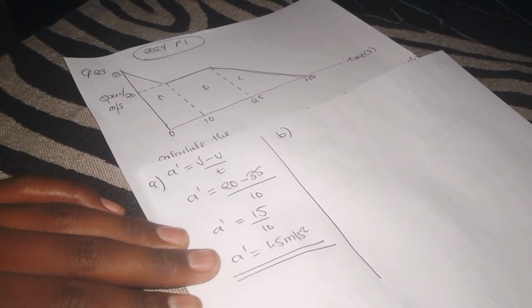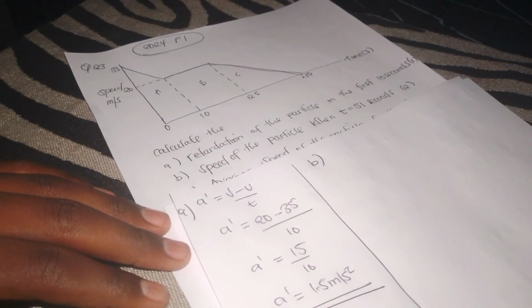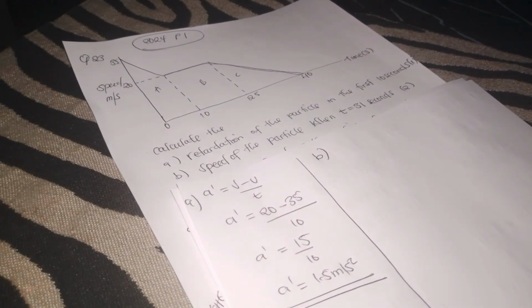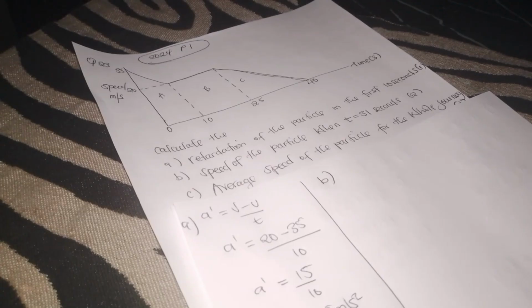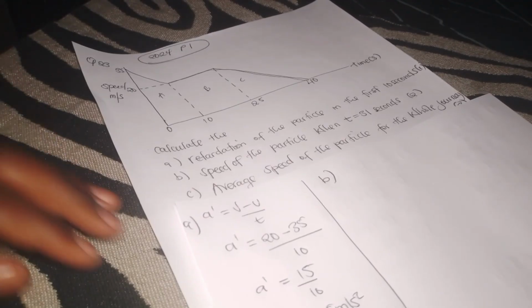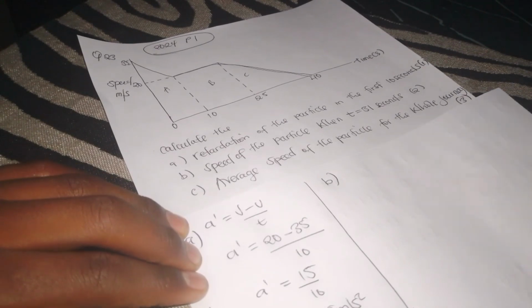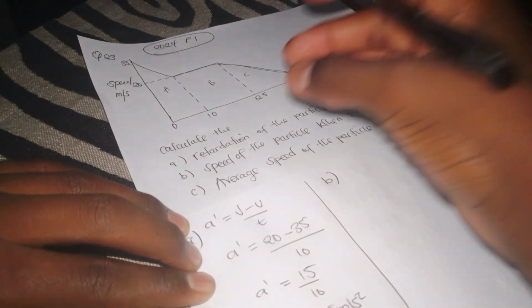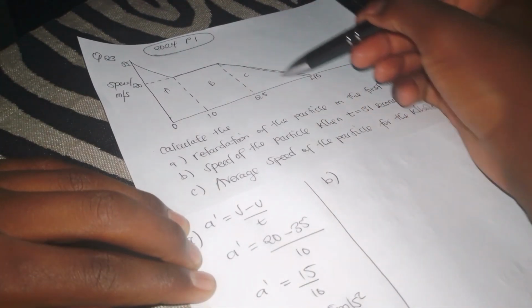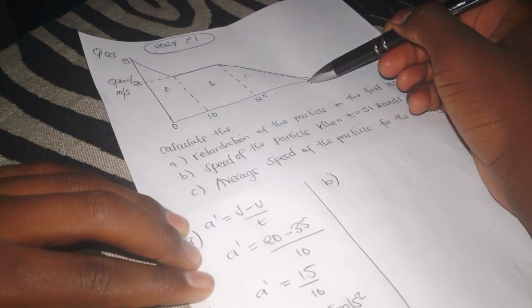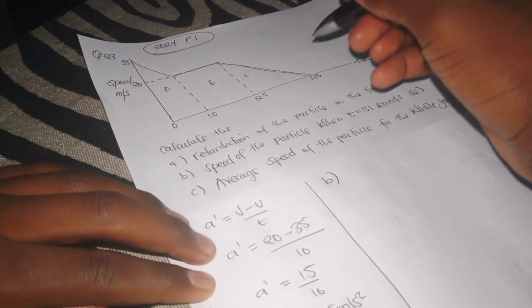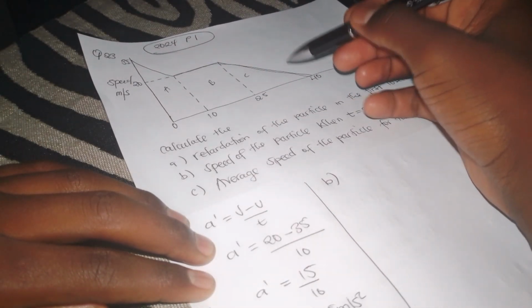Our B, the question is saying speed of the particle when t is equal to 31 seconds. Okay, so always whenever they ask you to find the speed in the portion where there is a slope like this one, first of all find the acceleration. In this case it's deceleration.